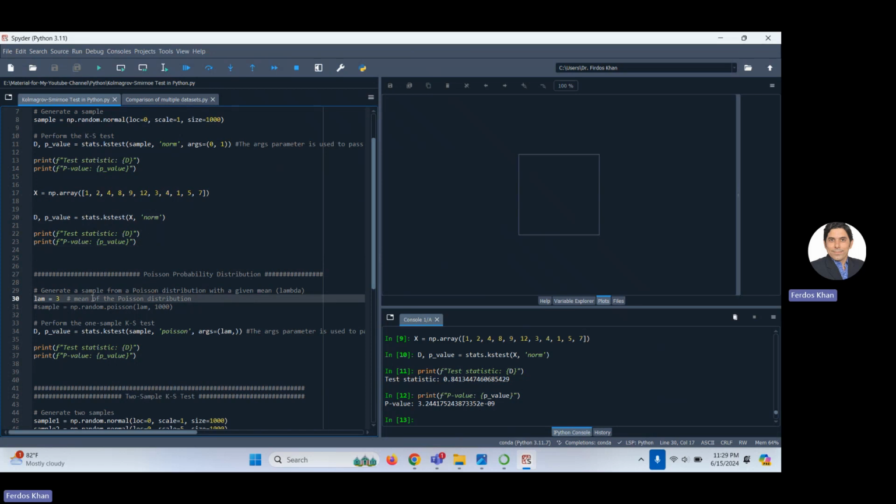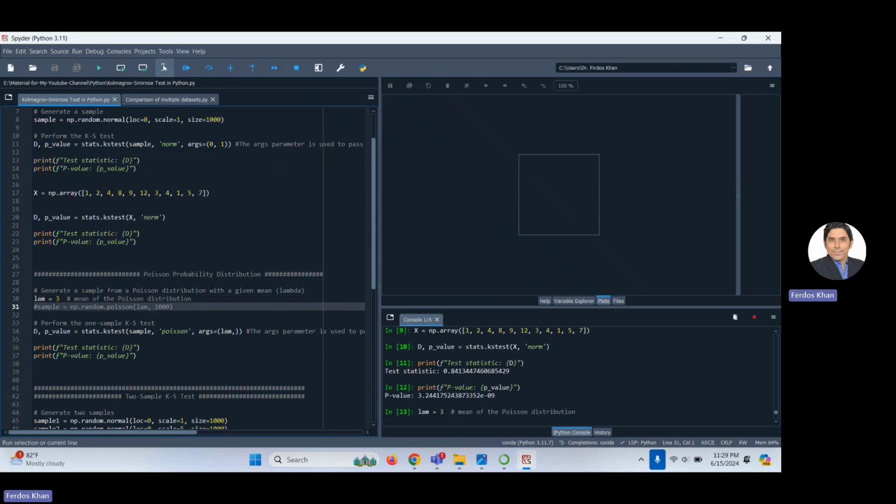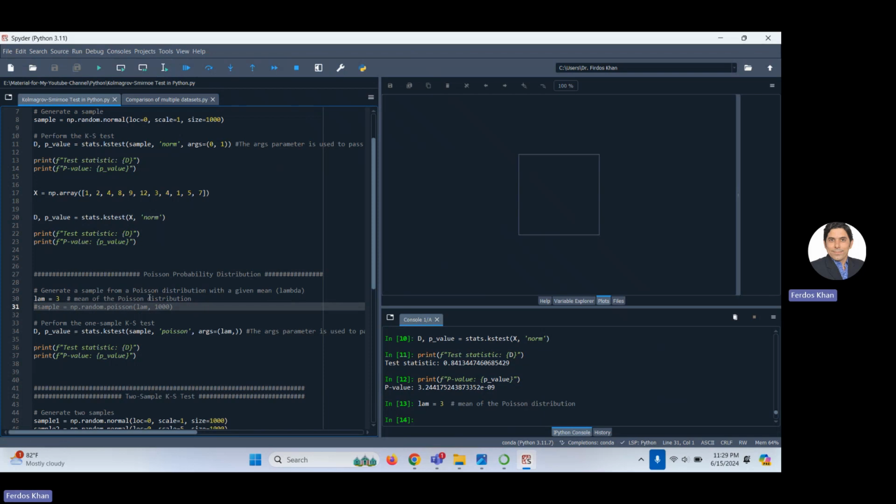And now we were just testing the above sample data. We just assume, think in our mind, oh, this data can belong to the Poisson distribution. Okay, so for Poisson, we just define the lambda, which is the parameter. Poisson has a parameter lambda.